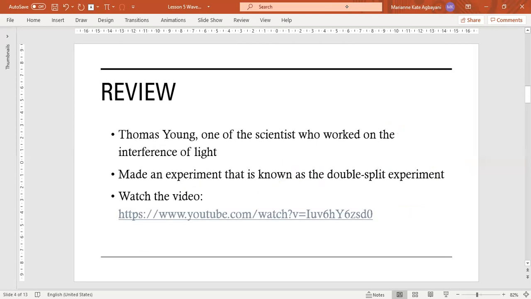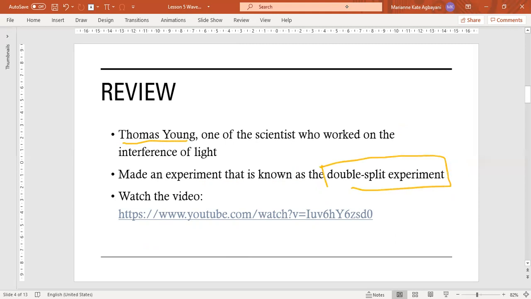Okay, so Thomas Young is one of the scientists who worked on the interference of light. He made an experiment or gave an idea about the interference of light, known as the double slit experiment.